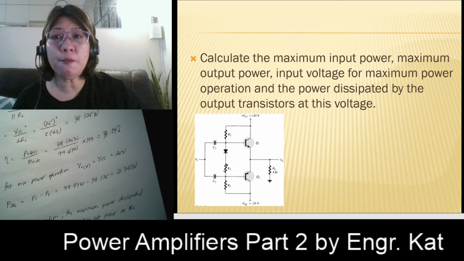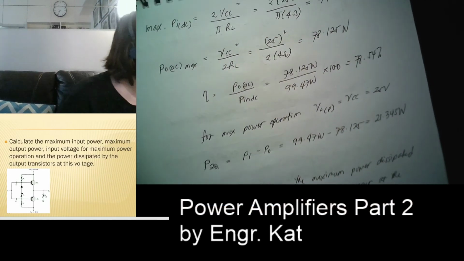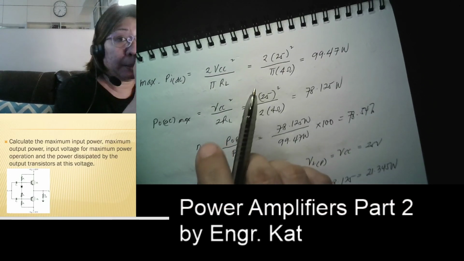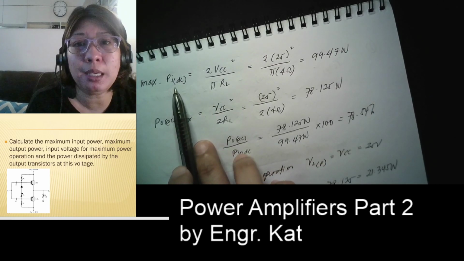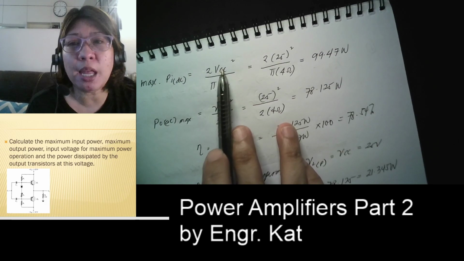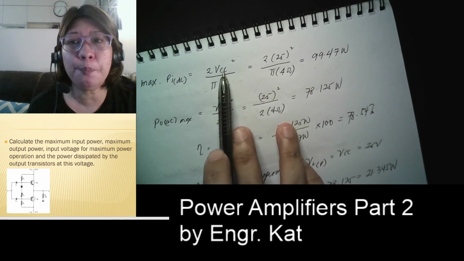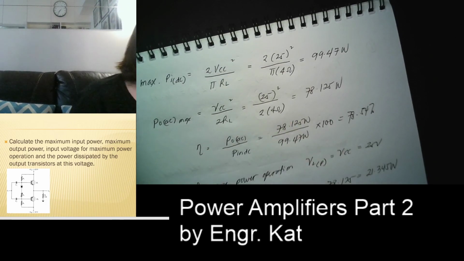So for maximum values, we have P in DC equivalent to VCC. Instead of using the load voltage here, we are going to make use of your input voltage, which is your VCC.